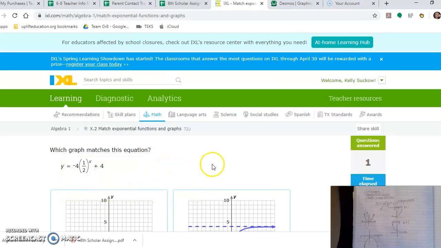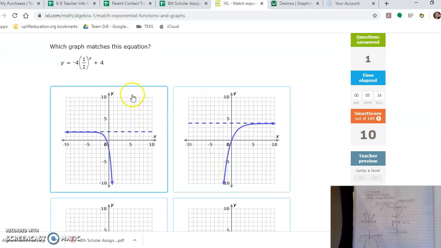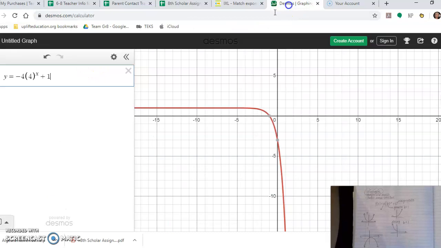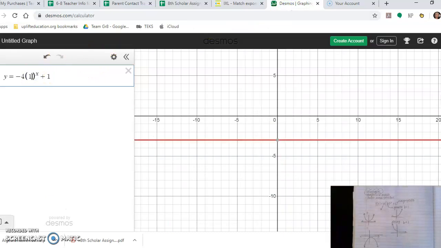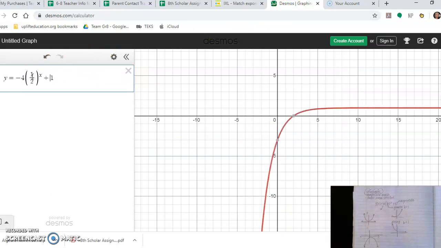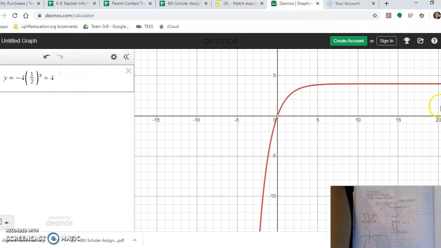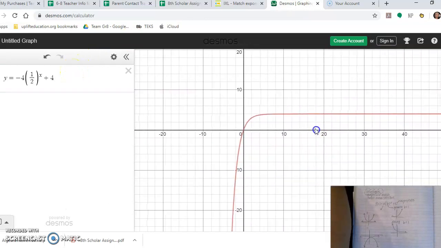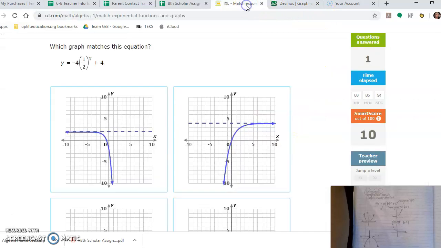So you can graph and match, which I would do for this one too, especially if you're given the equation. Which graph matches this equation? -4 (1/2)^x plus 4. Now I'm going to be looking for a graph that looks very similar to this, with the asymptote at 4. Let's see.